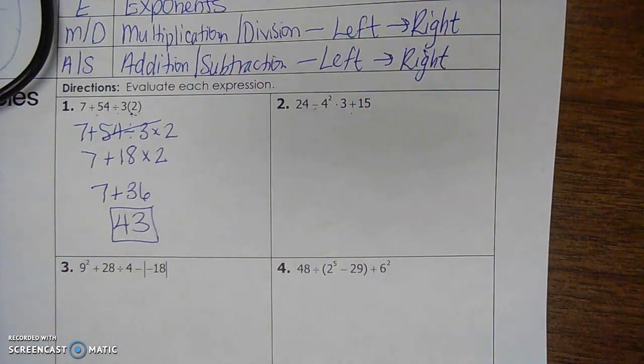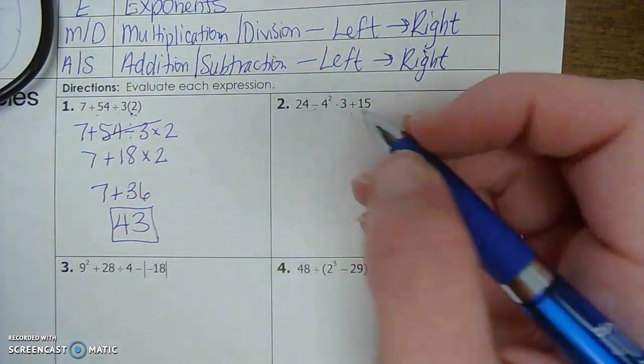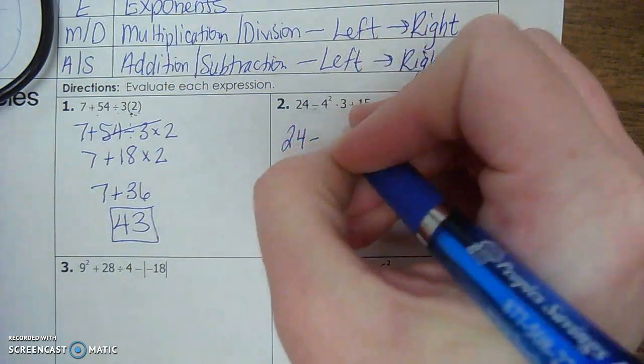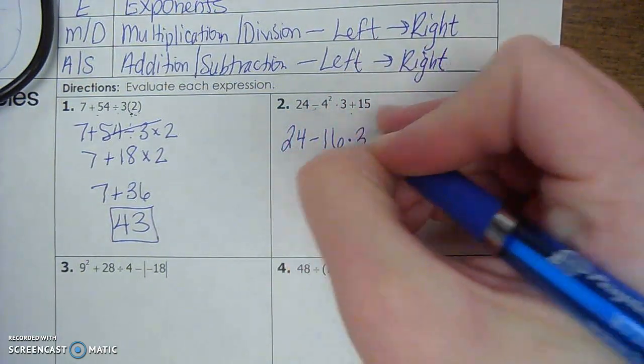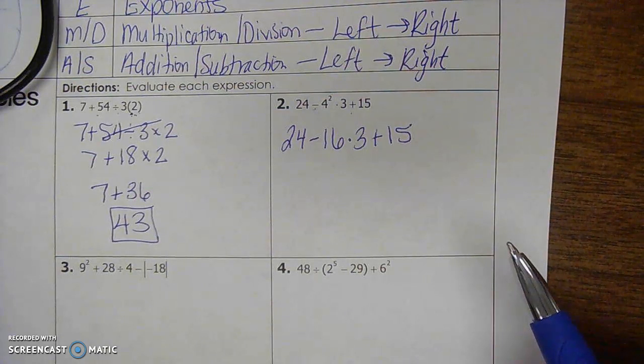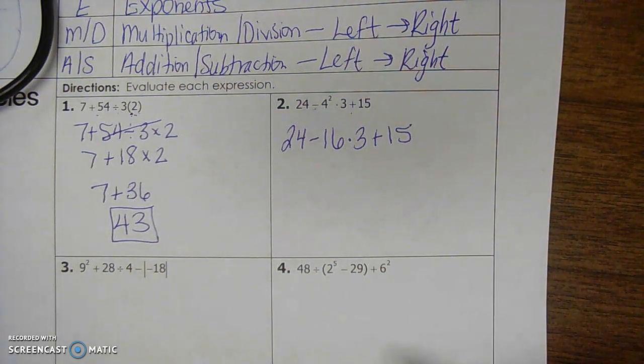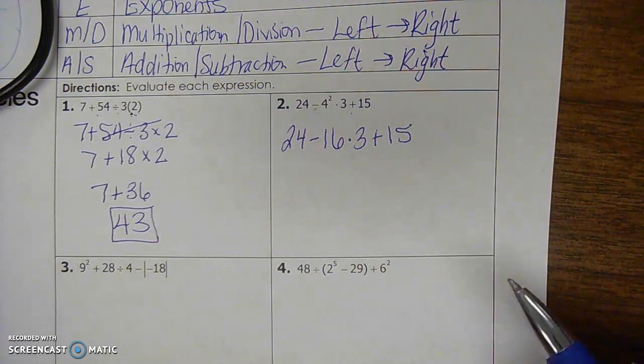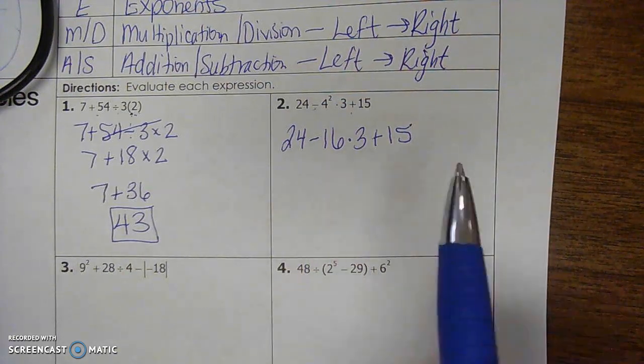Number 2, there are no parentheses, but there is an exponent. So 24 minus 16 times 3 plus 15. I know most of you don't want to write a bunch of stuff down, but it's going to be a lot easier if you write this down step by step. So we got rid of our exponents. Now we see the multiplication.